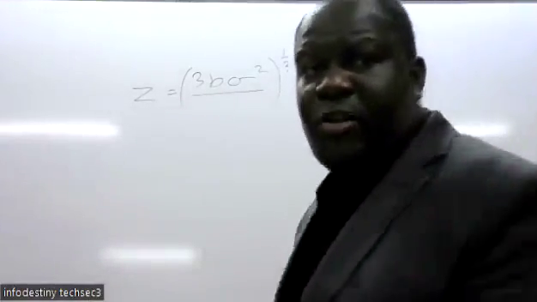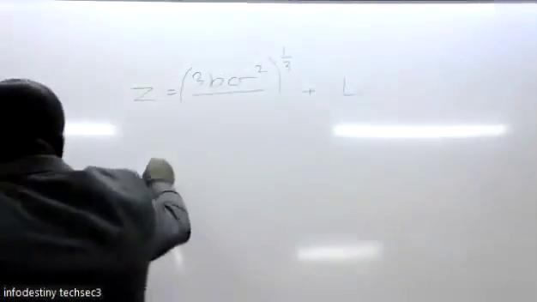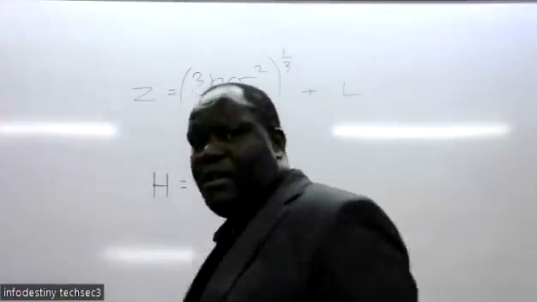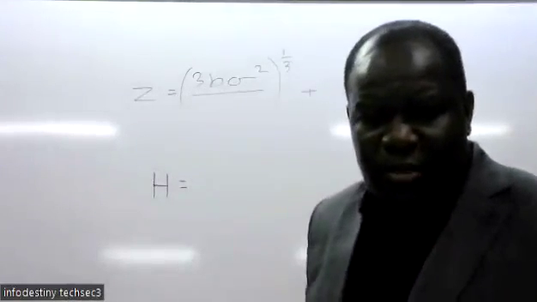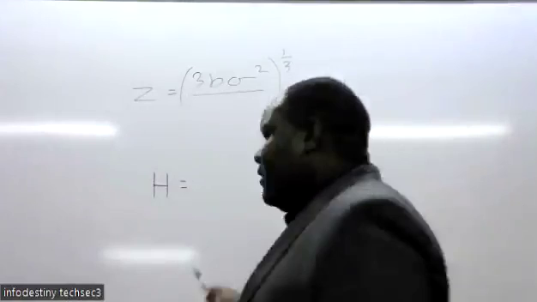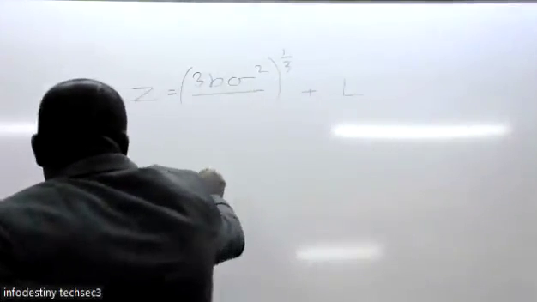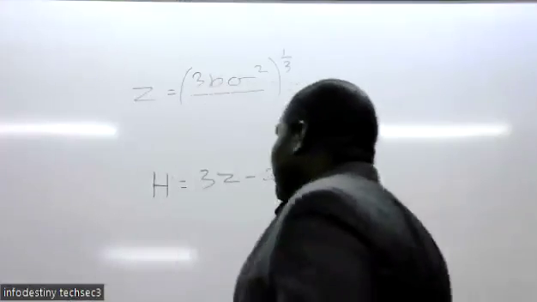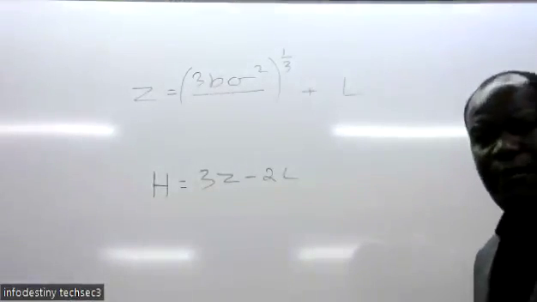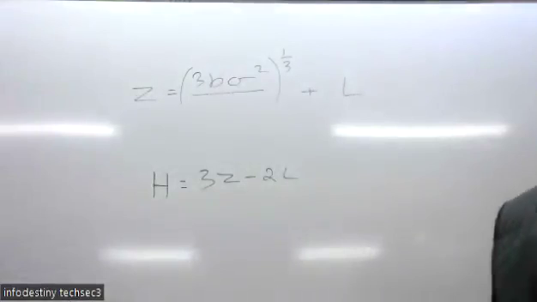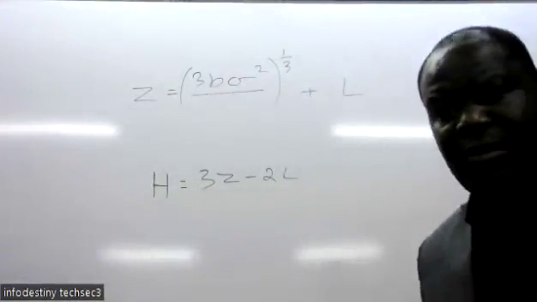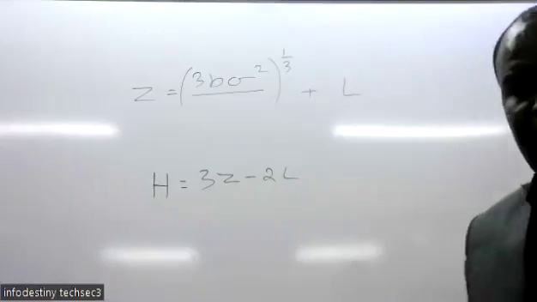So upper cash limit will be H. H is supposed to be given by 3Z minus 2L. So when you want to get the upper cash limit, you simply take 3Z, we minus 2L.